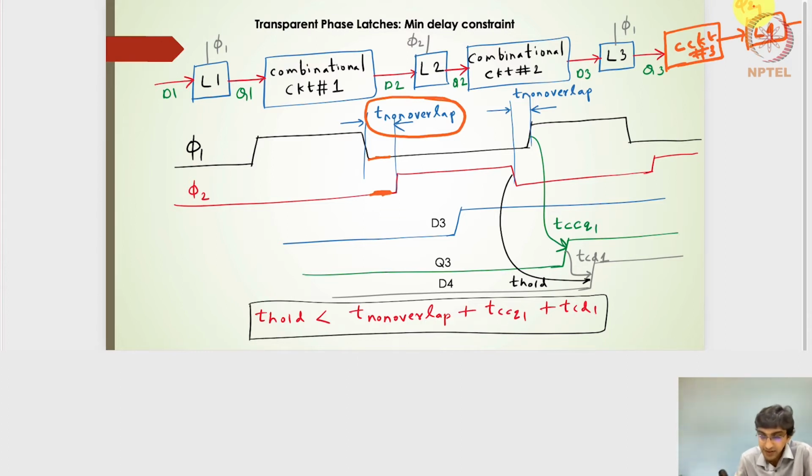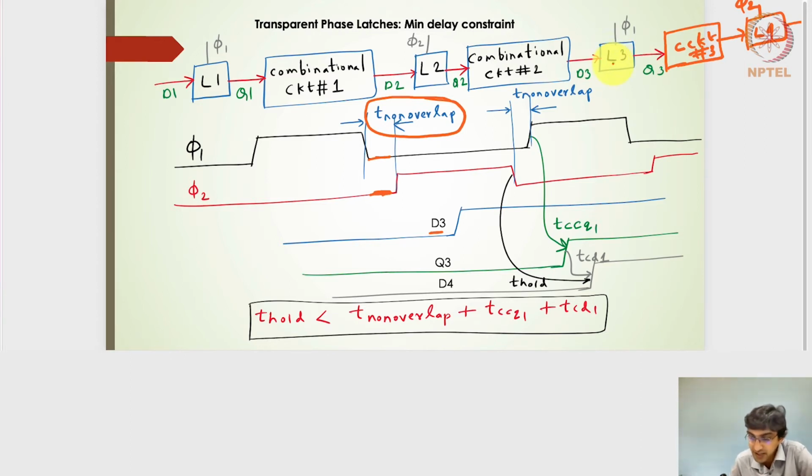So let's say that we have the contaminated output, the D1, the Q1, the D2, and then the Q2, and then the D3 signal. The D3 signal has arrived much earlier, right? And the Q3, which is the output of latch 3.